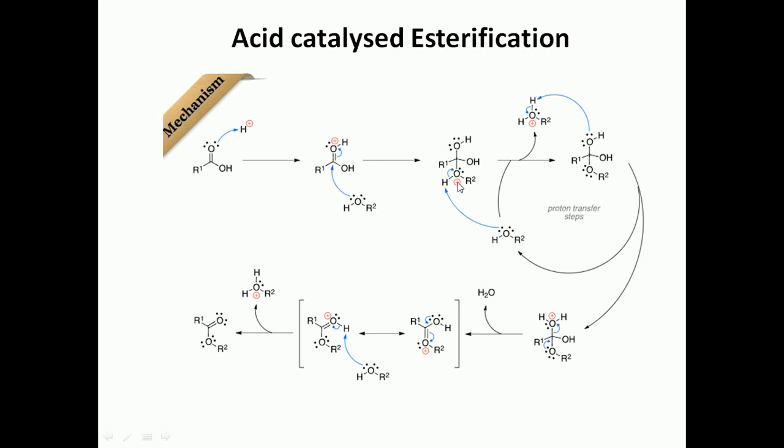But what happens over here is, because of this positive charge on oxygen, this hydrogen becomes more acidic, very highly acidic. So this H migrates to that particular place where there is electron available. So the neutral alcohol that you have in the reaction mixture attracts this H, and this becomes OR.